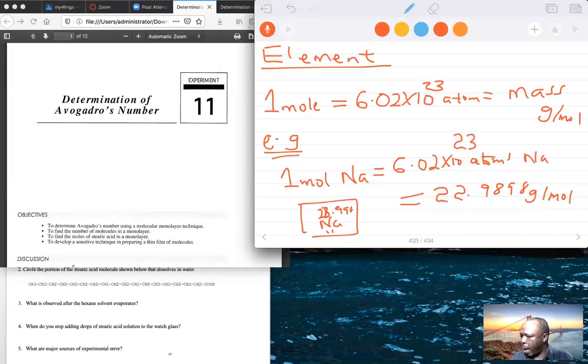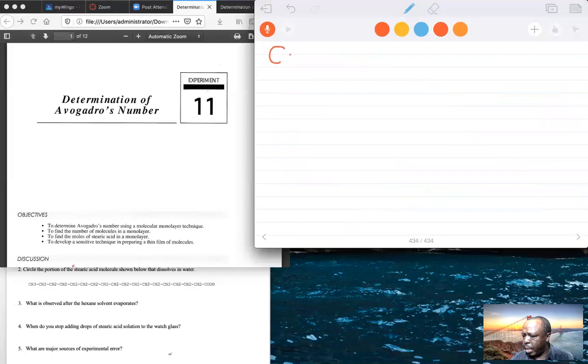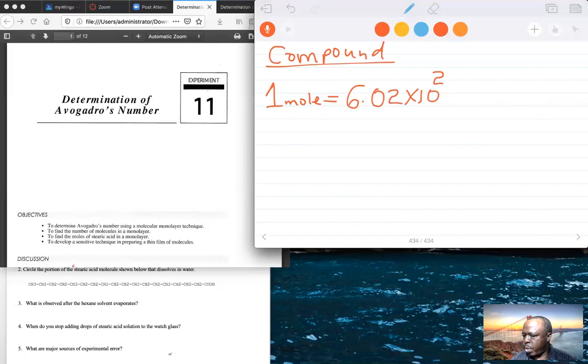Now for a compound, that means when two or more elements combine to form a compound in a specific ratio, we use the same approach. 1 mole of a compound contains formula units if it is an ionic compound, or molecules if it is a molecular compound, which equals the molar mass.